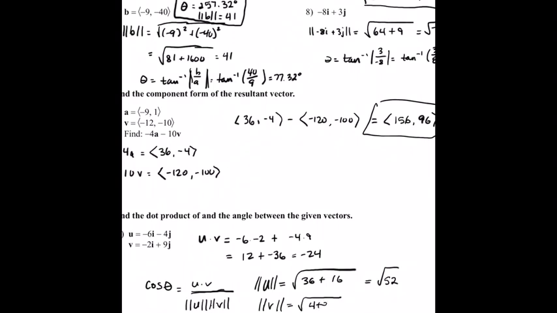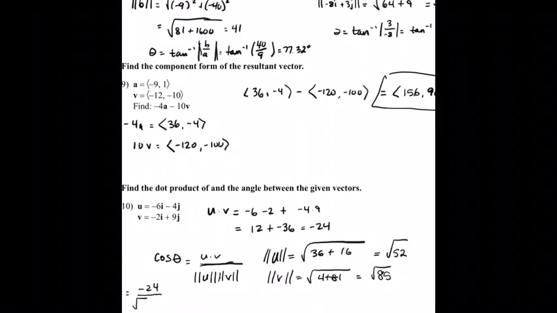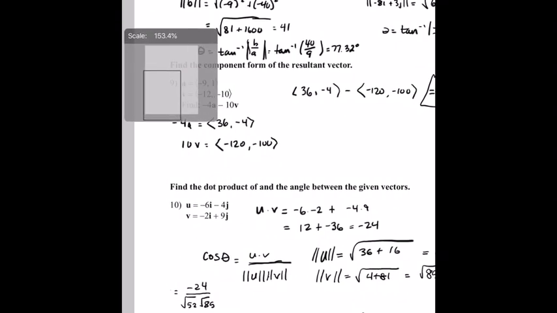So negative 2 squared is 4, 9 squared is 81. So this is the square root of 85. So the cosine is going to be the dot product, which we already found to be negative 24, and then it's the square root of 52 multiplied by the square root of 85.